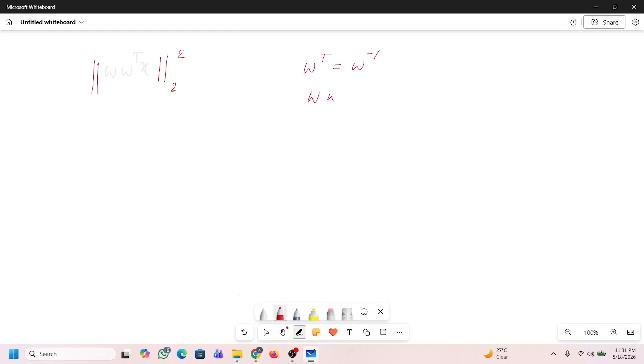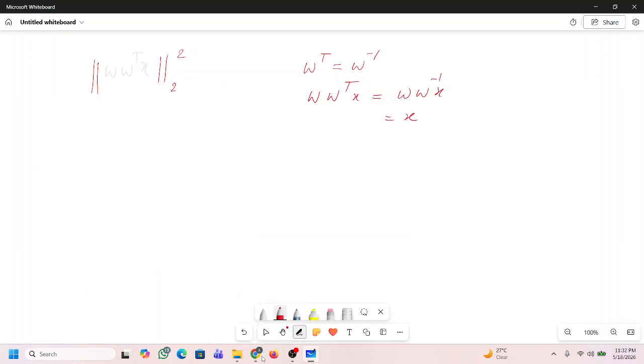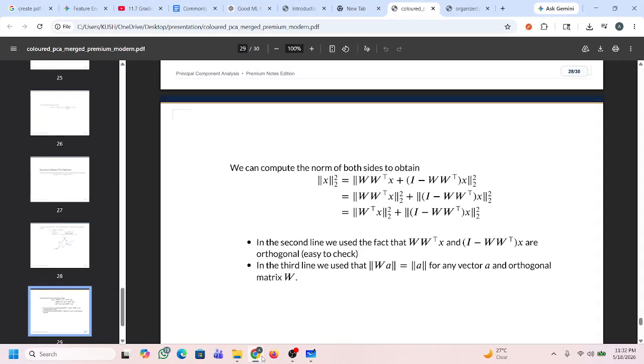So W of W transpose x is equal to W of W inverse x, and W W inverse is equal to I, so it will be x only.